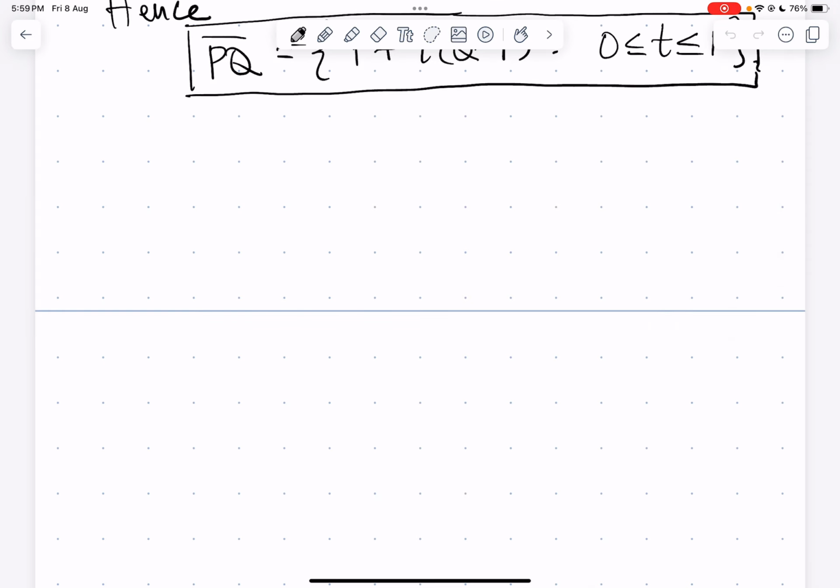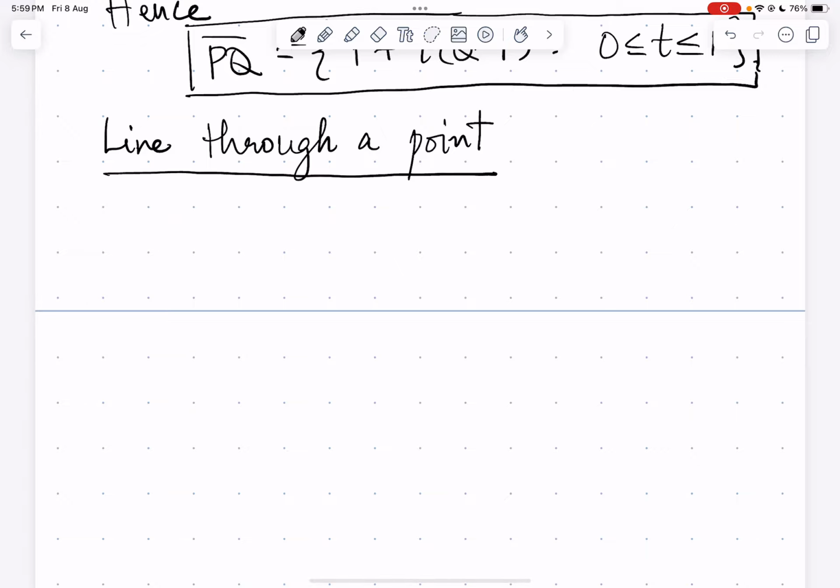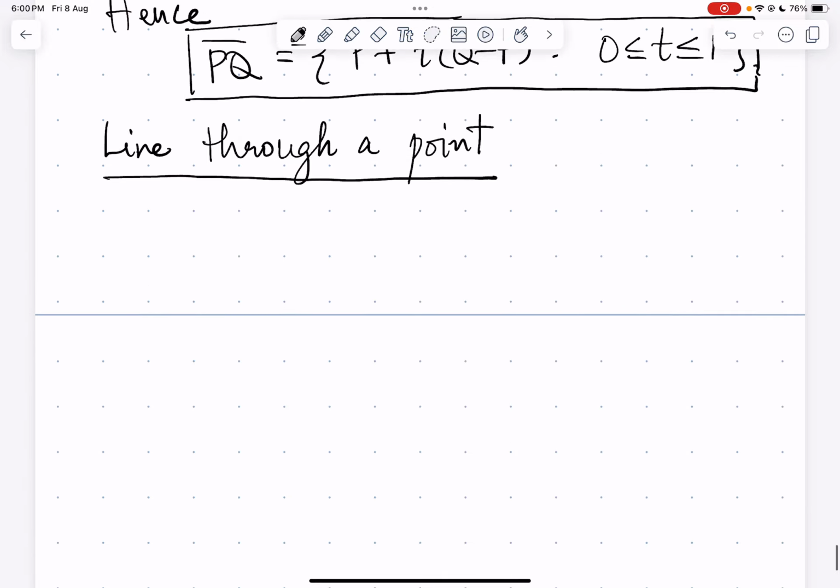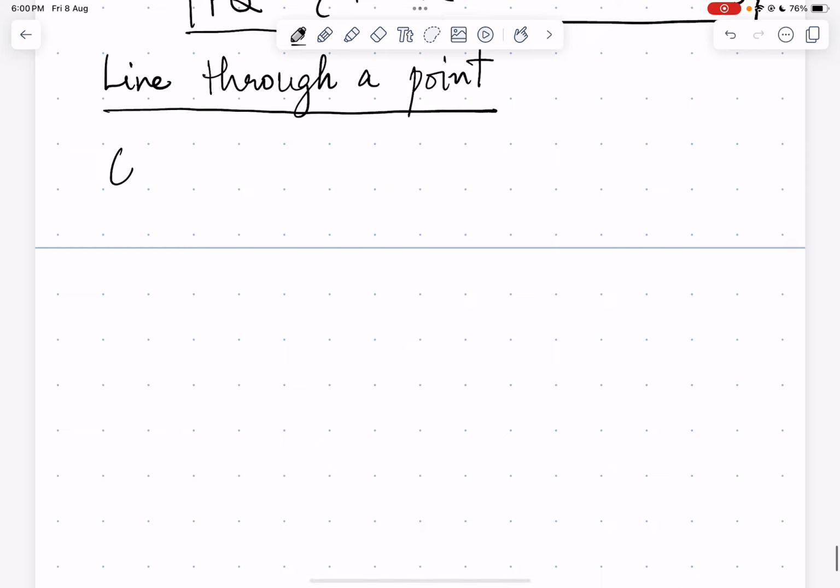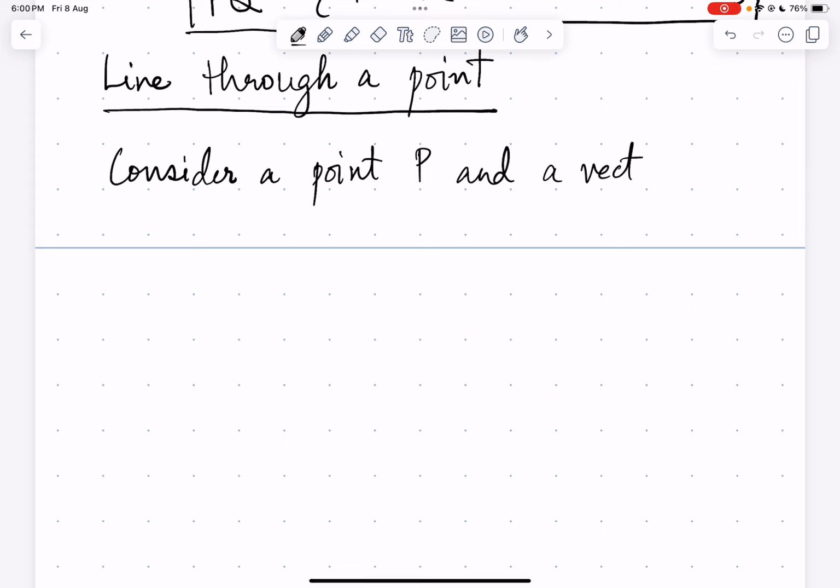Okay, let's continue. So we'll study about line through a point. So consider a point P and a vector A not equal to 0 in the plane.